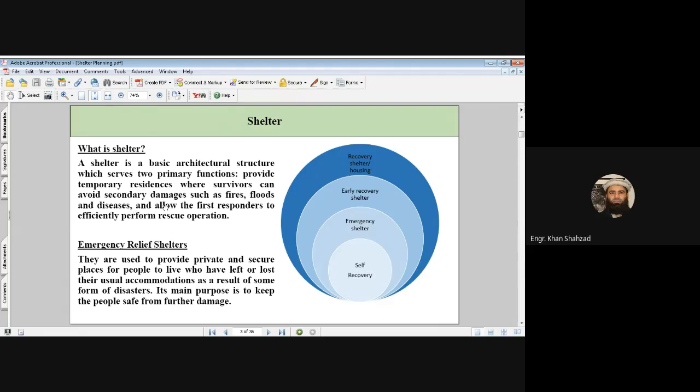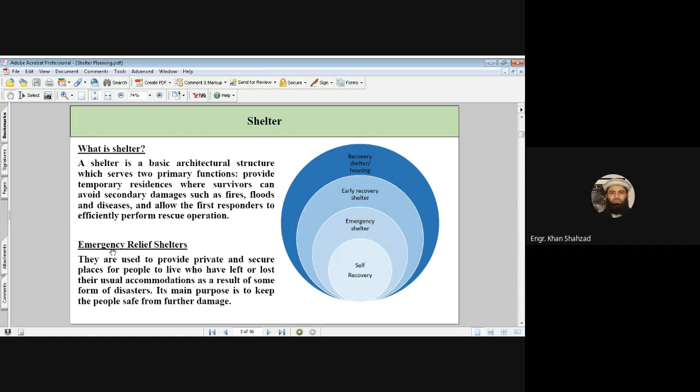And number two, allow the first responders, those who are providing the emergency response, to efficiently perform rescue operations. So shelter can be defined as the basic architectural structures which provide temporary residences where survivors can avoid secondary damages such as fires, floods, and other diseases, and allow the first responders to efficiently perform the rescue operation.